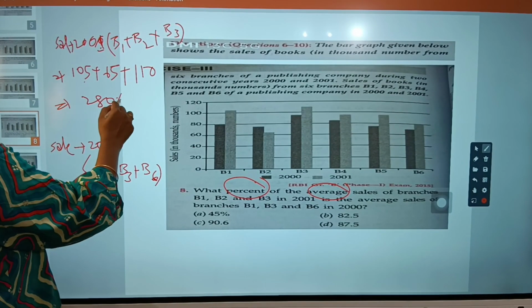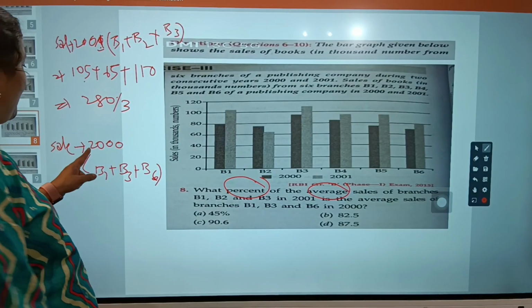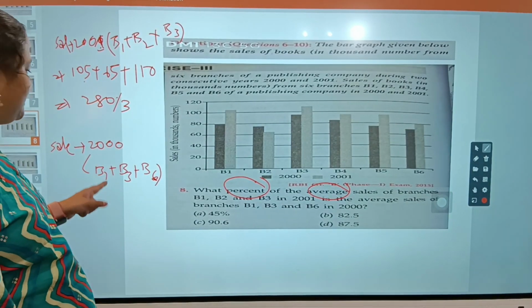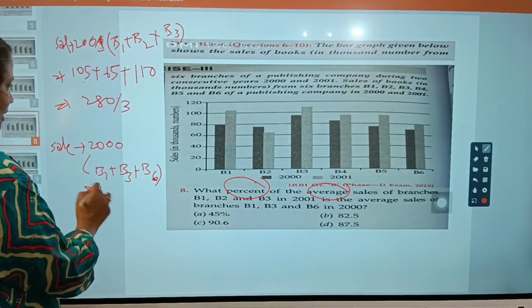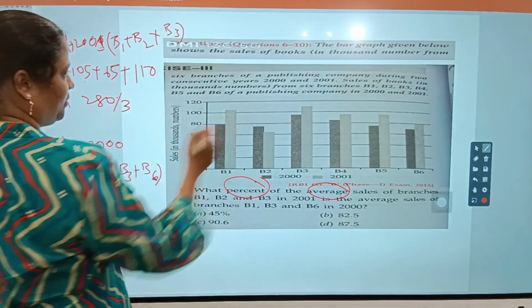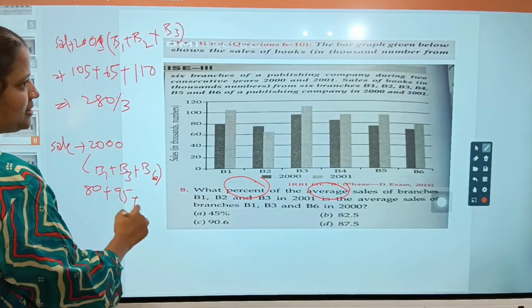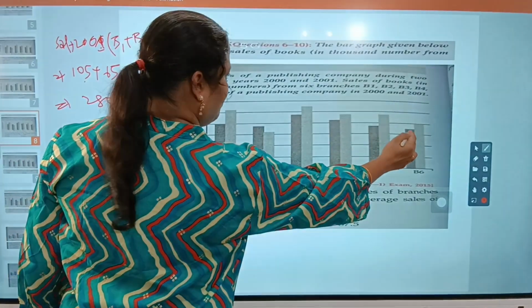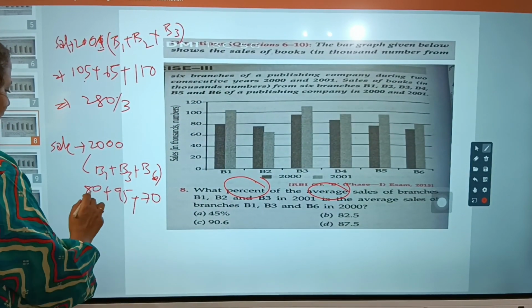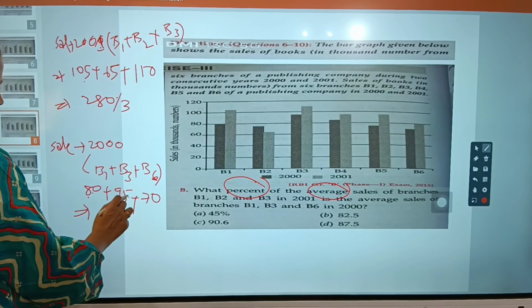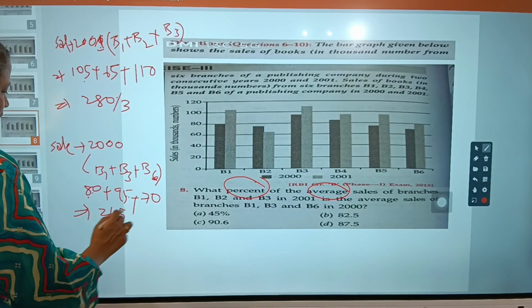Now make the average for the year 2000 of the sales in B1, B3, B6. It is 80 plus 95 plus, for B6, 70. So it will come around 245.